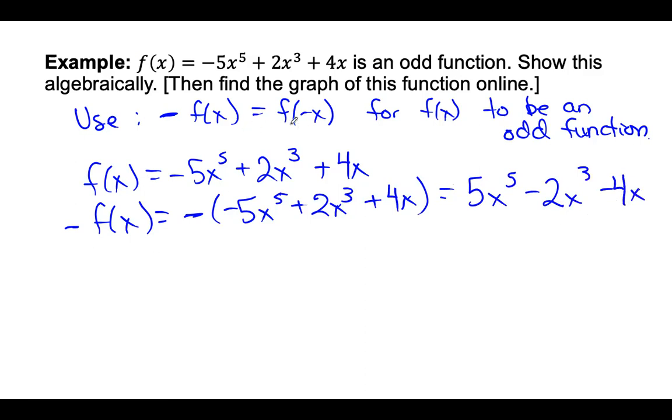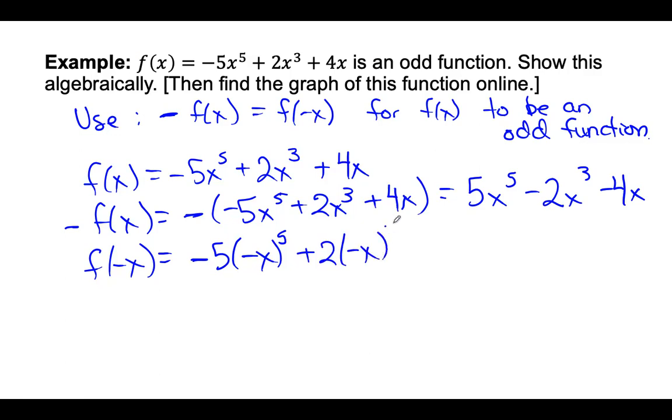And now we check the right-hand side, f of negative x. I'm just plugging it in and then computing it.